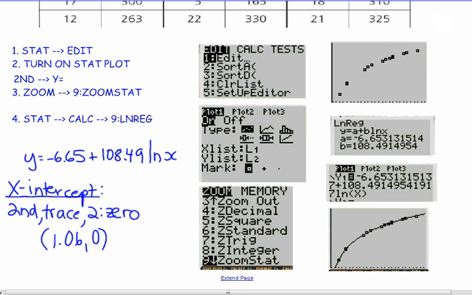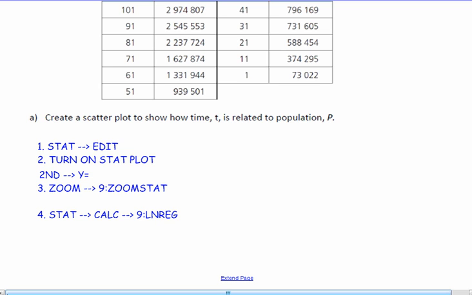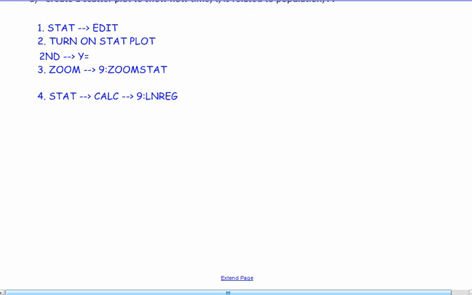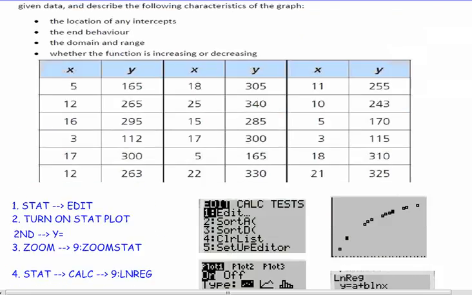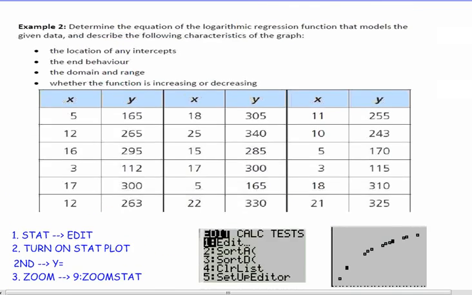Is there going to be a y-intercept? No. Y-intercept is none. Sorry, we need to add more to this. It also asks for end behavior.